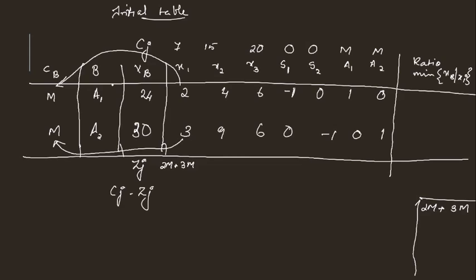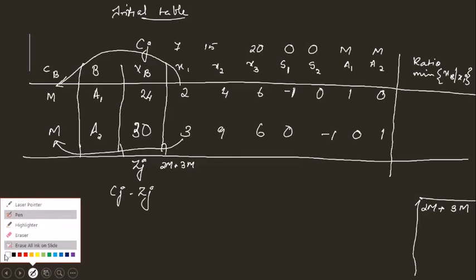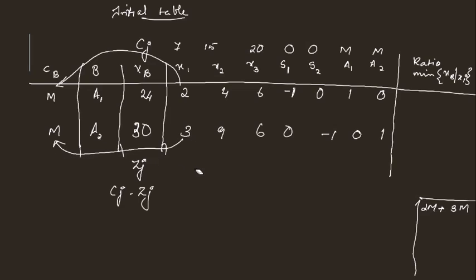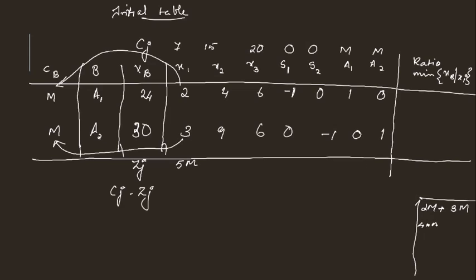Instead of writing 2 into M plus 3 into M, you can write 5M, right? So I'm going to write that as 5M. Now what is this, 4 into M plus 9 into M?